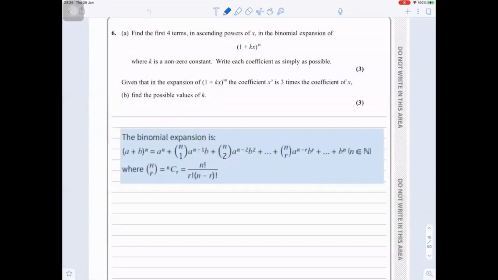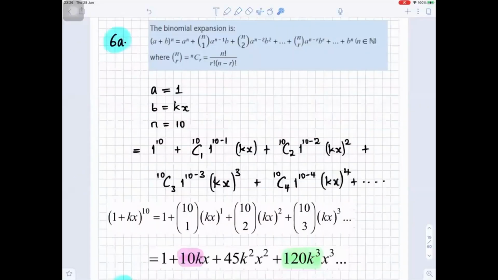Question number 6. Find the first 4 terms in ascending powers of x in the binomial expansion of (1 plus kx) to the power 10, where k is a non-zero constant. Write each coefficient as simply as possible. We're going to use the binomial expansion formula.